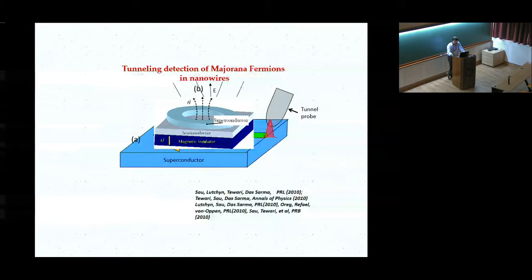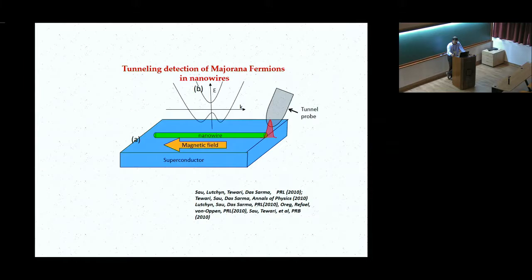And the only other thing we need is a Zeeman coupling. In 2D, it's more useful to produce the Zeeman coupling by another proximity effect from a magnetic insulator. But in 1D, you can simplify that and produce the Zeeman coupling by applying a magnetic field which is parallel to the nanowire. So that's the proposed structure.